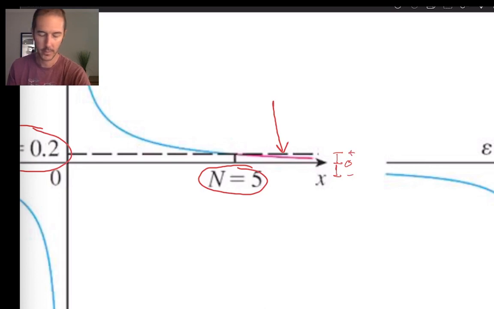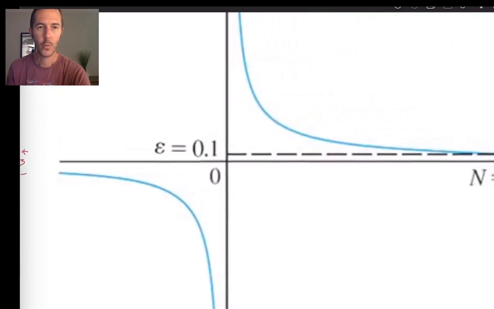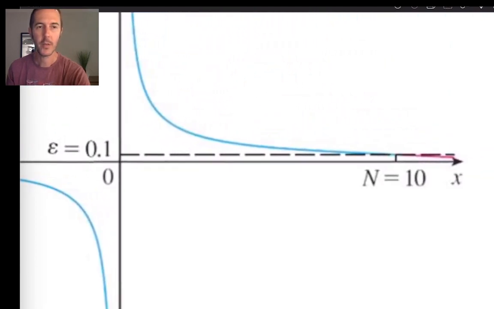So we've refined the target and made the target even smaller. So we had to pick a larger n value. And sure enough, as long as we stay above that n value with our x coordinates, the y coordinates will be within our target. And then one step further, epsilon is 0.1, now n is 10, and our magenta part of our curve continues off to the right, and it stays within the acceptable plus or minus above and below our limit value of 0, 0 plus or minus 0.1.